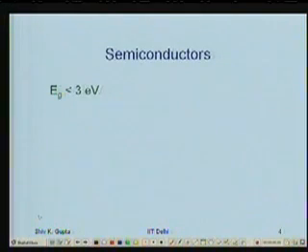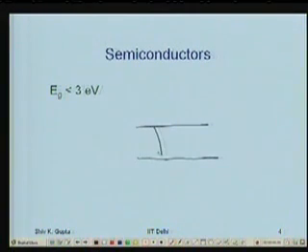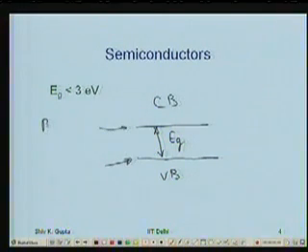In semiconductors, this band gap is less than 3 electron volts. This is the band gap. Here I have the conduction band, here I have the valence band. This is called the top of the valence band, this is called the bottom of the conduction band.